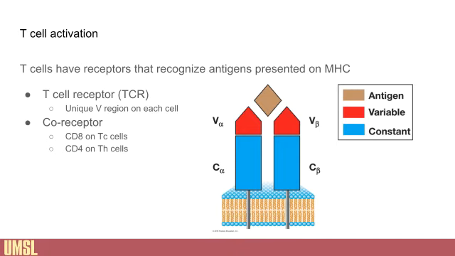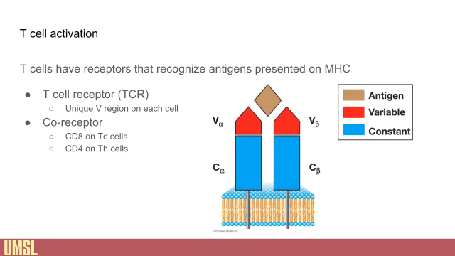What's most important about these proteins is that they have a variable region. This variable region, shown here in red, just like we talked about with antibodies, has amino acid variants in this particular region in T cells that allow for recognition of different antigens.